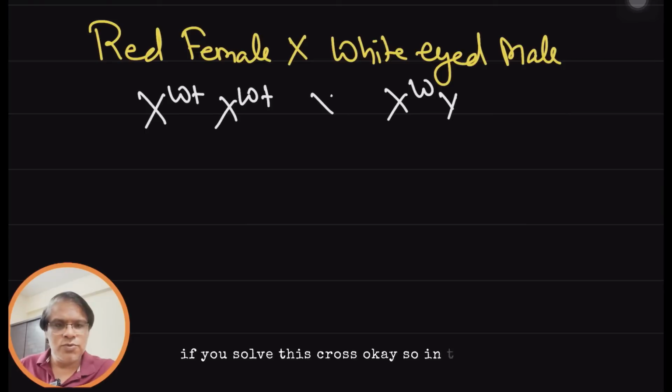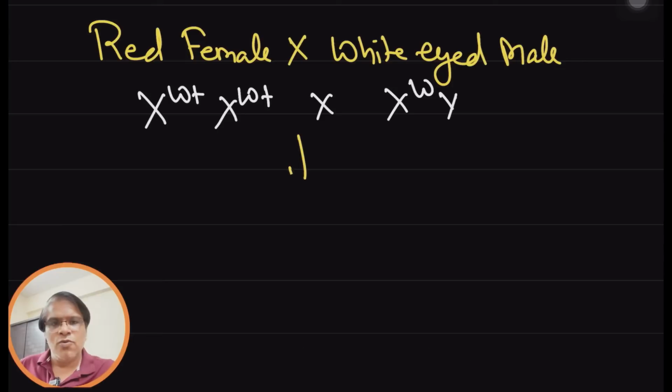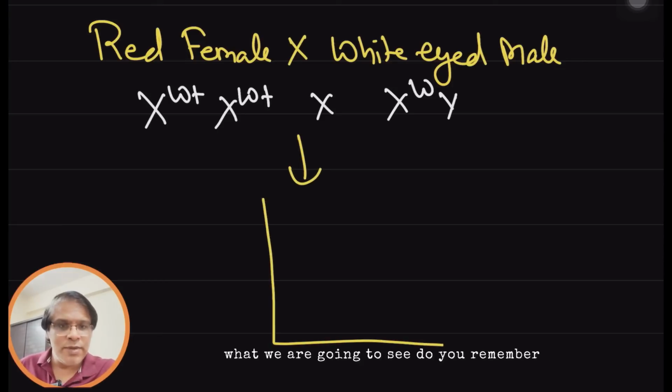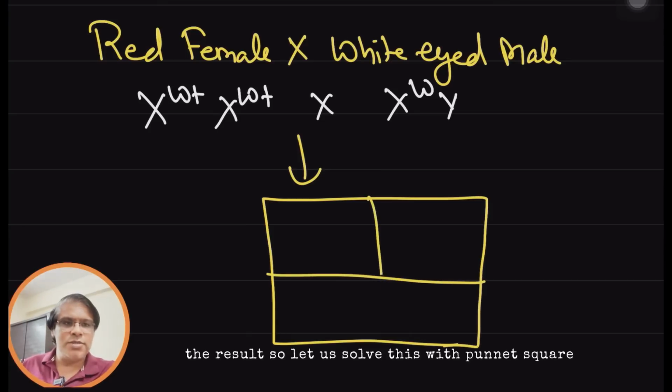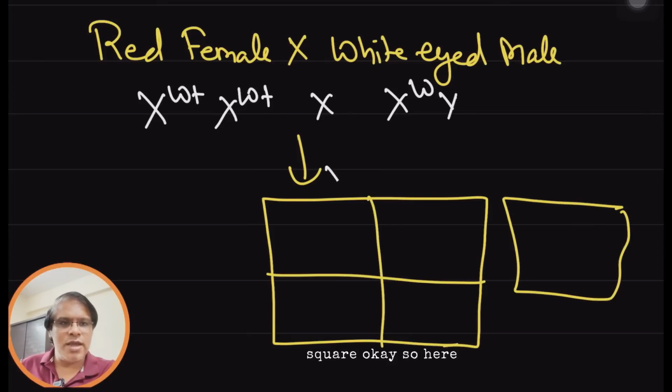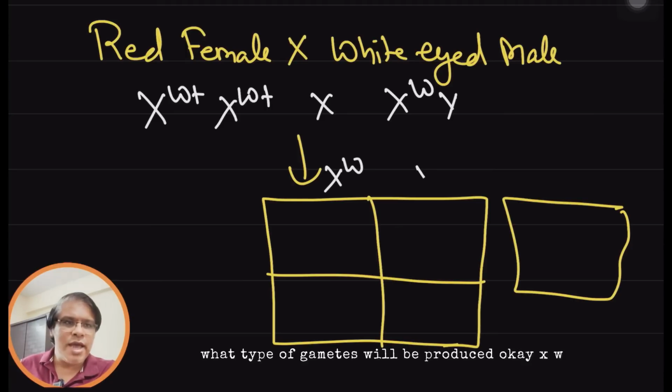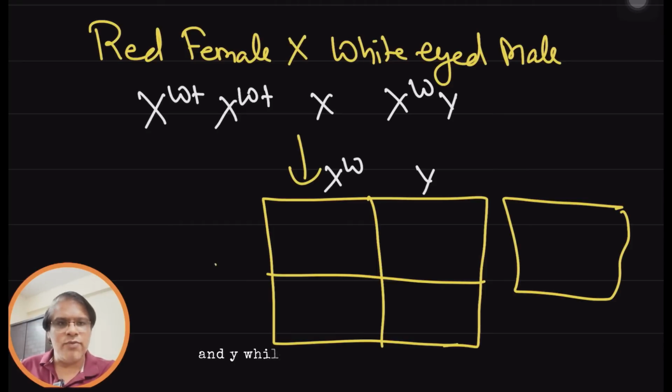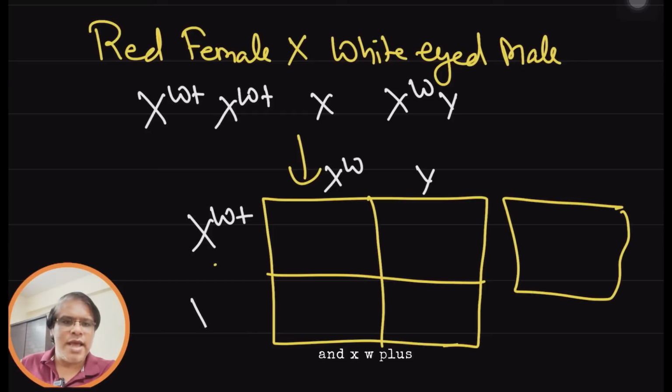Now if you solve this cross, in the F1 generation what are we going to see? Do you remember the result? Let us solve this with a Punnett square. What type of gametes will be produced? The male will produce X^W and Y, while the female will produce X^W+ and X^W+.